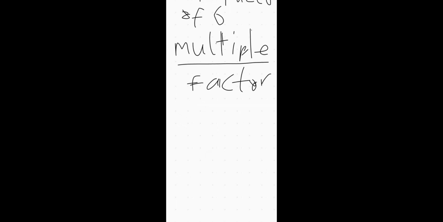So let me just give you a quick cheat sheet. Anytime you can find two numbers other than 1 and that number that, when you multiply them, give you that number, then that number cannot be a prime number.